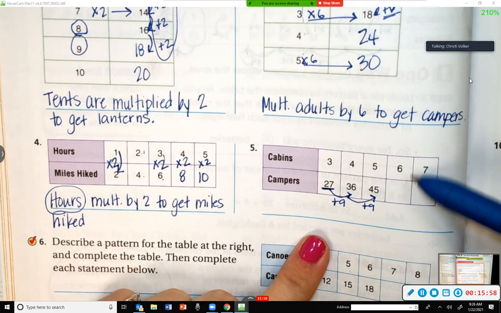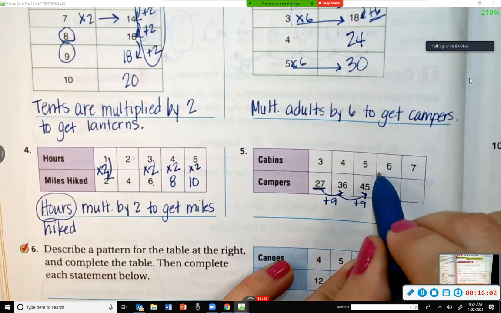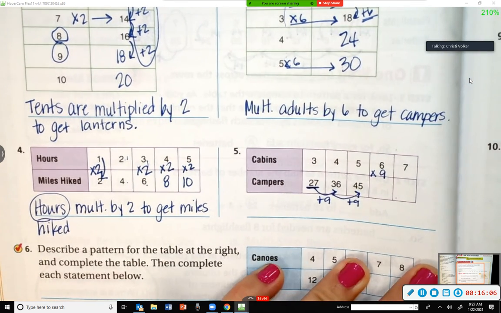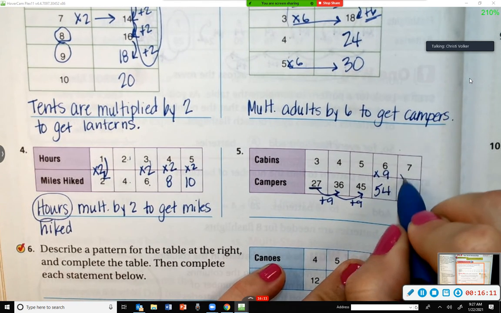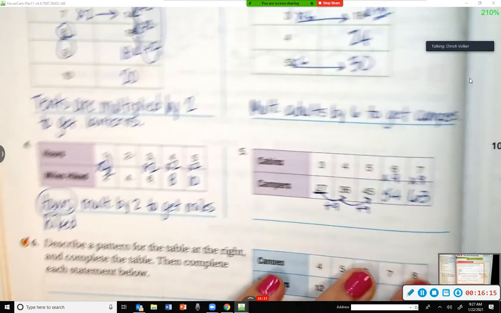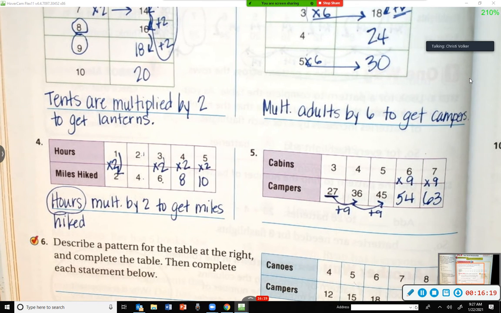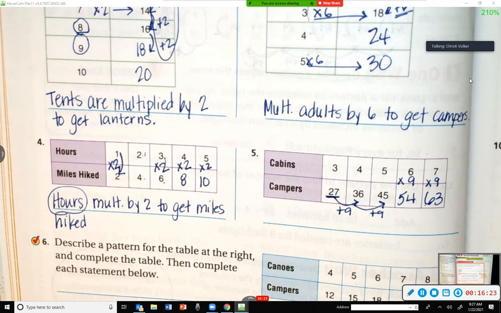So now the pattern, we could have just kept adding, or you could have multiplied by 9. 6 times 9 is what, class? 54. Good. 7 times 9, 63. Good. So the pattern, we could say multiply cabins by 9 to get campers, right?